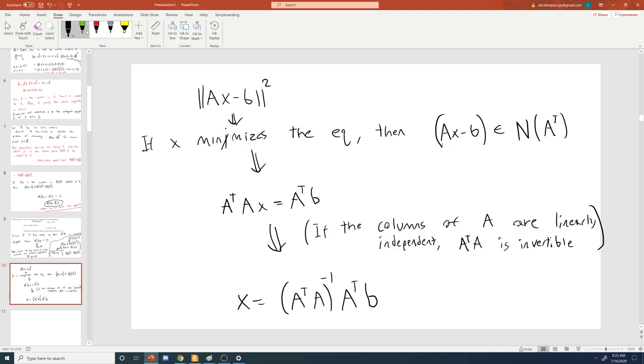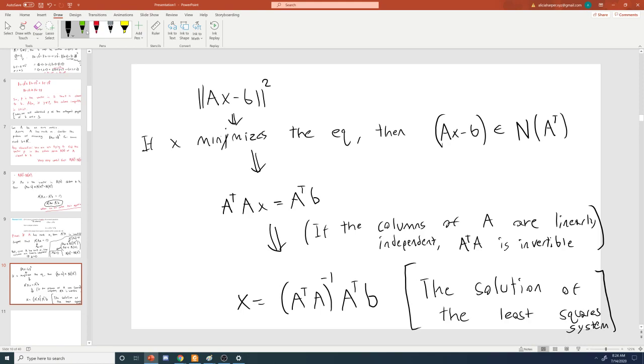And this is the solution of the least squares system. And this is also, in turn, the basis for a very, very large chunk of statistics. So now we're going to do some examples that show exactly how powerful this is.